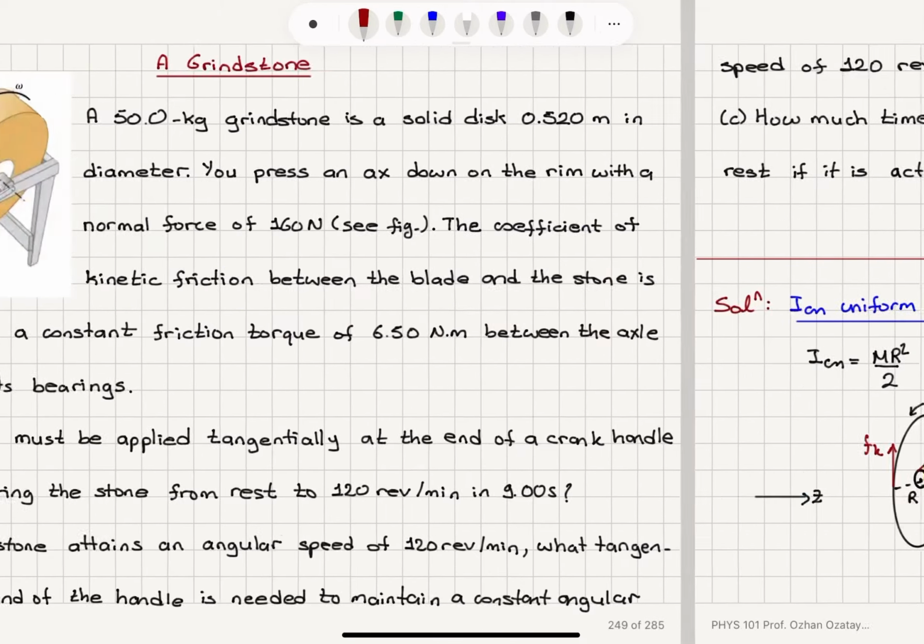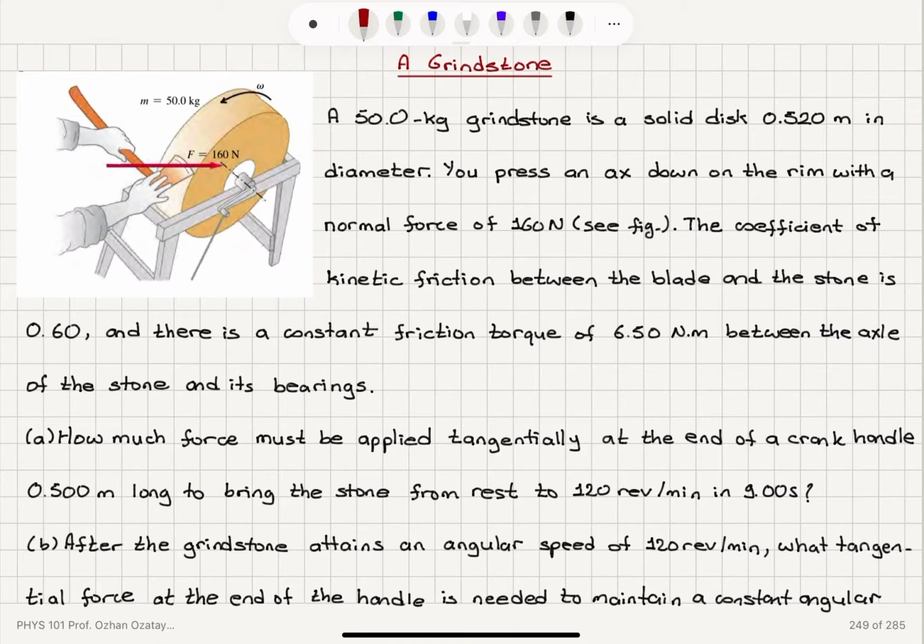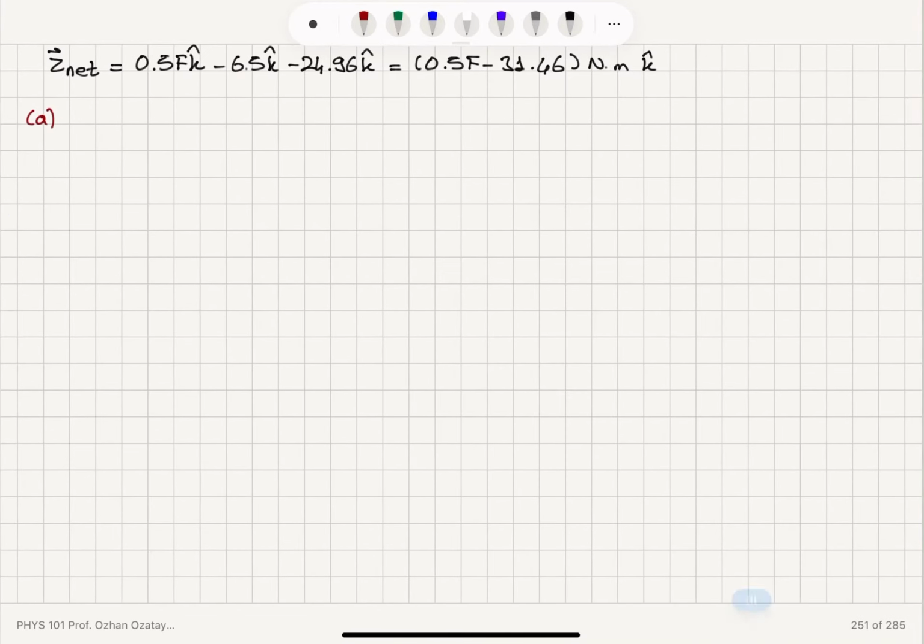Now in part A of the problem, how much force F must be applied tangentially to bring the stone from rest to 120 revolutions per minute in 9 seconds. Okay, so the net torque, according to Newton's second law rotational form, is equal to the moment of inertia times the angular acceleration alpha.